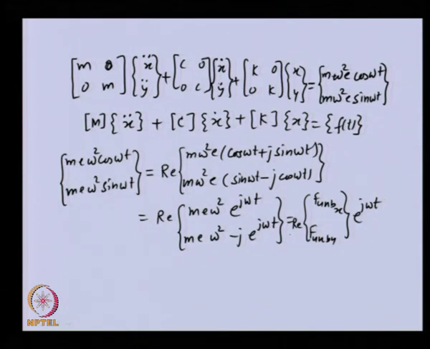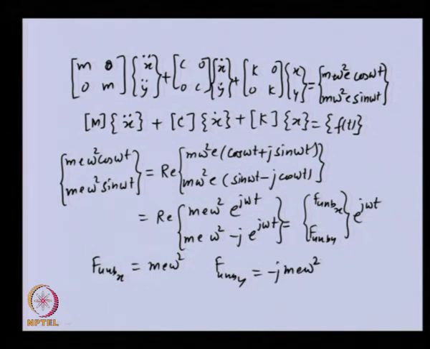Now, we know that we are interested in the real part only, because in the left hand side of the expression all are real quantities. So, even we can drop this term from this, and it will not make any difference, and where this f unbalance in x direction is m e omega square, and f unbalance in y direction is minus j m e omega square.